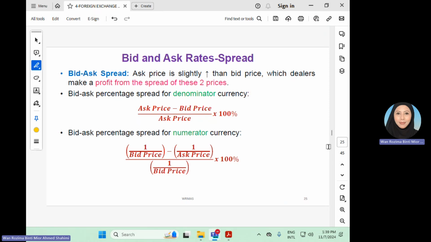So 1 over bid price minus 1 over ask price, divided by 1 over bid price, times 100. This is if you want to know the spread from the perspective of the numerator. Let's take a look at an example.